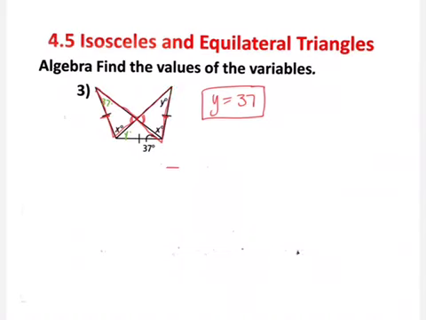And so now if we go back to our picture, we can start to make sense of where some of these things go. So down here, we've got 37 as well. We know this guy is 37. And so ultimately to find x, we can now look at just this triangle here. Well, think about all the measurements we have. We've got 37 plus another 37 plus one more 37.